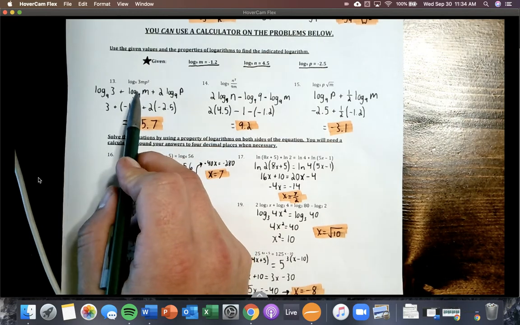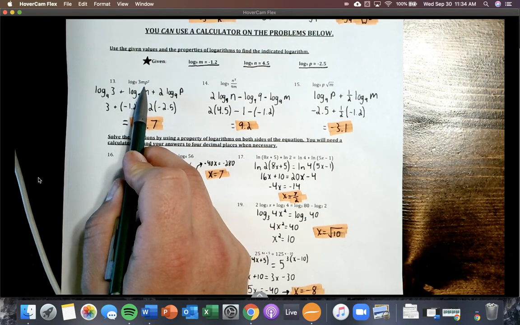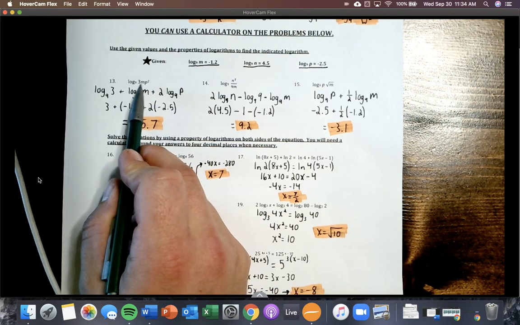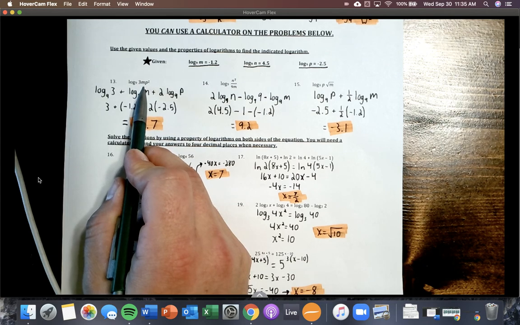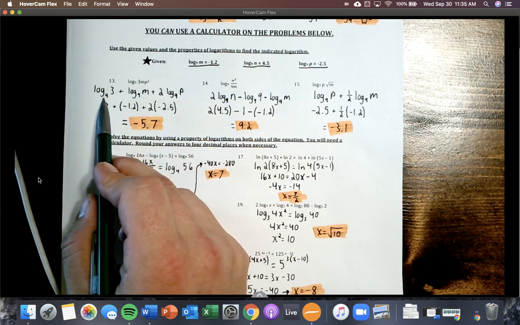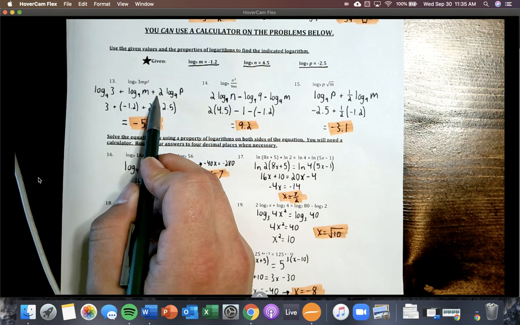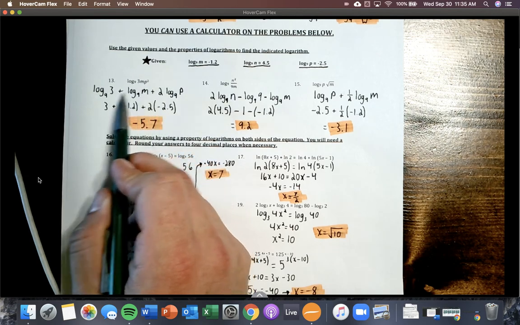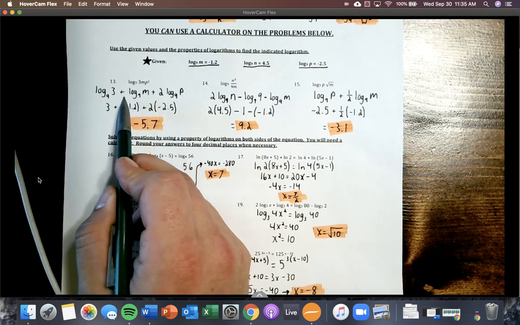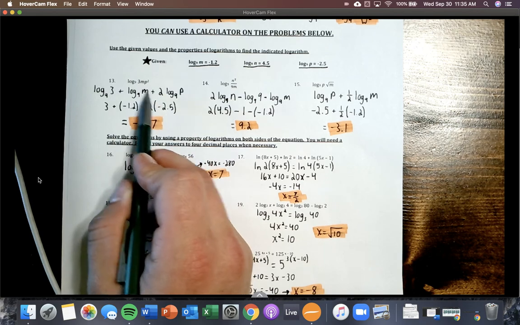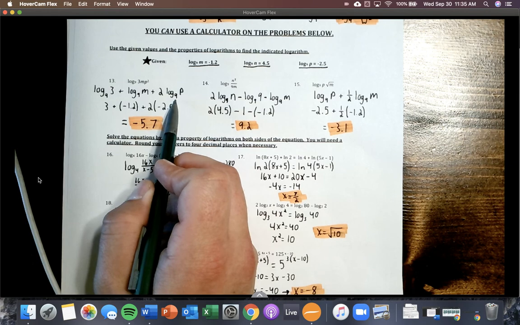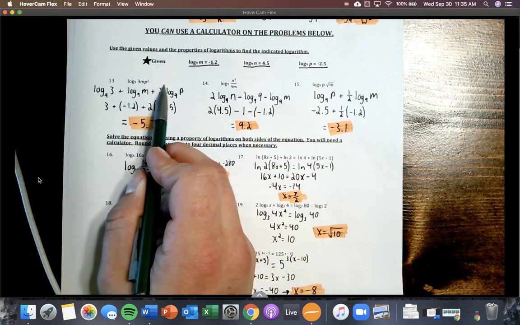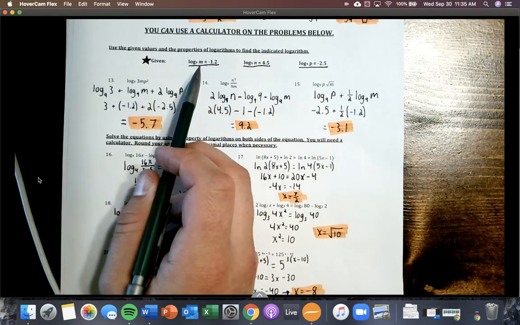So we're going to take this and break it apart into its parts, because this is just 3 times m times p squared. So we can split that up into 3 different logs that are being added together. This is log base 9 of 3 plus log base 9 of m plus 2 times, because we had this exponent here and pulled it out, 2 times log base 9 of p. And now that we have these values, we can just plug in what we know.